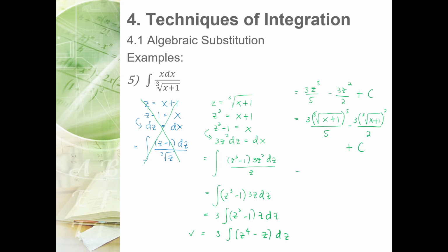Or if you want it in exponential expression, all exponents: x plus 1 to the 5/3 all over 5, then minus 3 times x plus 1 to the power of 2/3 over 2 plus c. So you can see the difference in applying the z-sub.